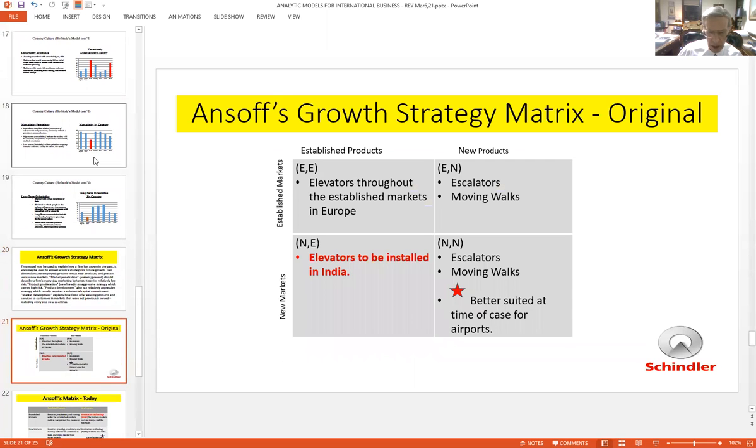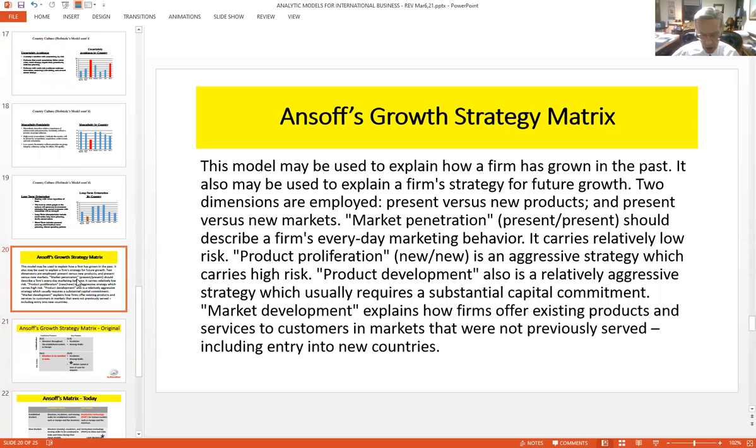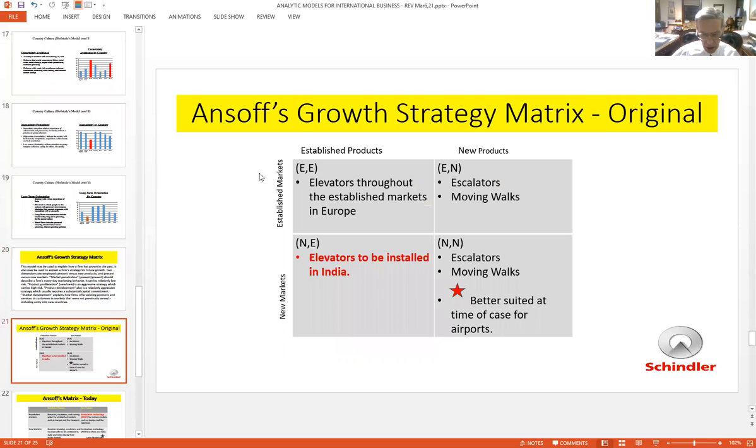I've left off a couple of designations and labels, but they're discussed in this little paragraph here. So let me come down here and assure you that the paragraph explains these things.